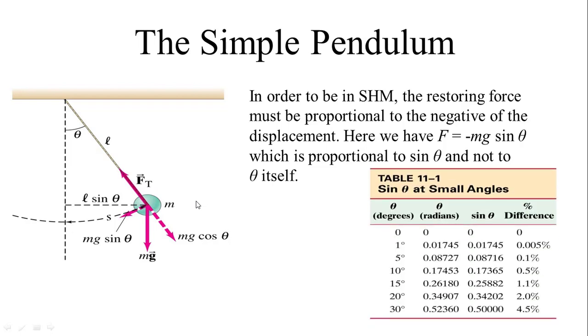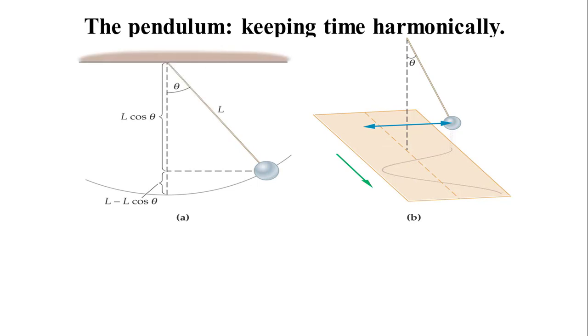So we can see that if the angle is small, sin theta is approximately equal to theta. So the pendulum is simple harmonic in this diagram. We can explain this.